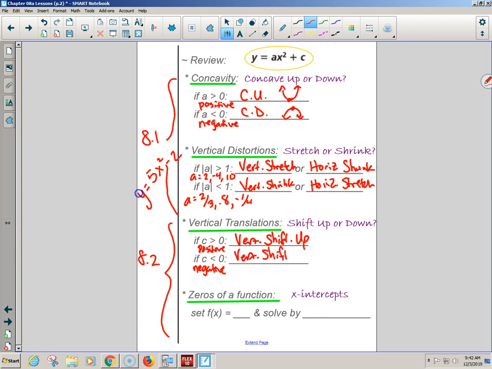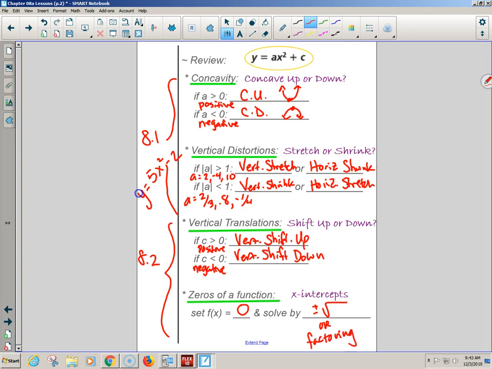I saw most of you did all right in your homework. Where you got stuck, I heard from the beginning to the end of the room, was on that zeros part. For the zeros part, you're setting the whole function equal to 0, and you're solving by either plus and minus square roots or factoring.